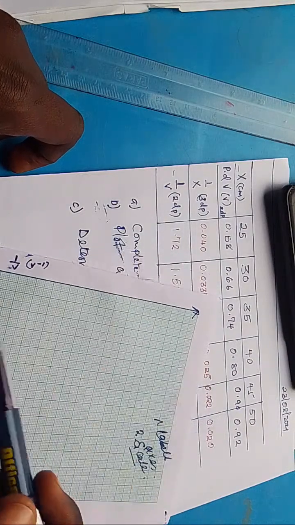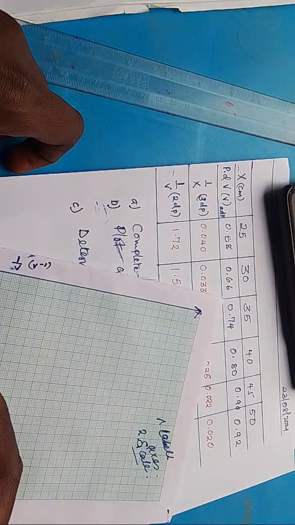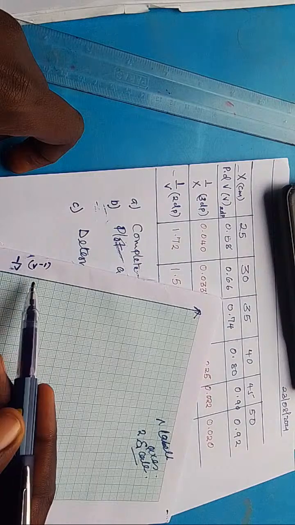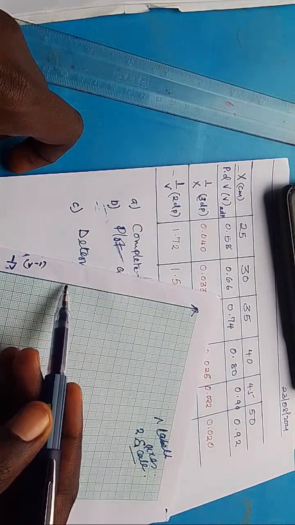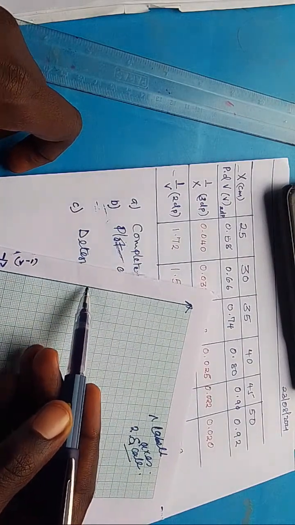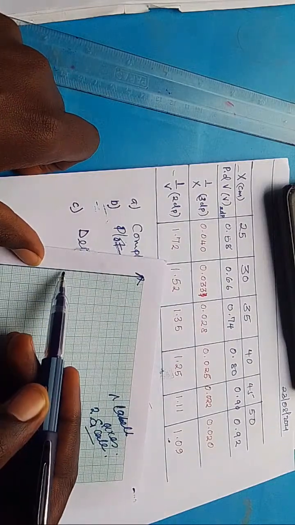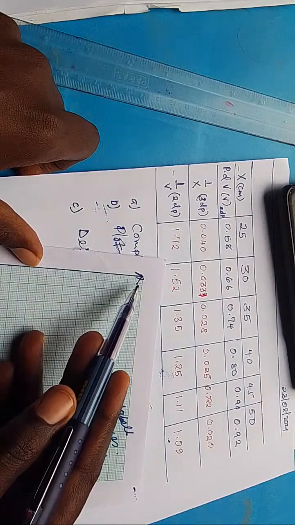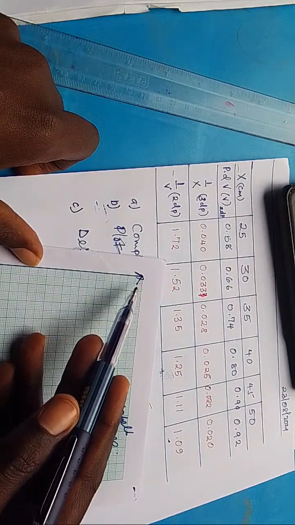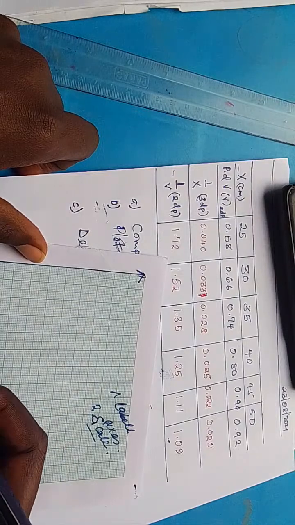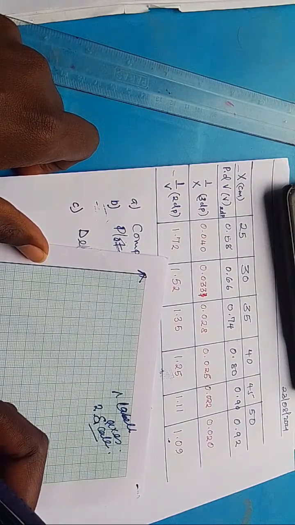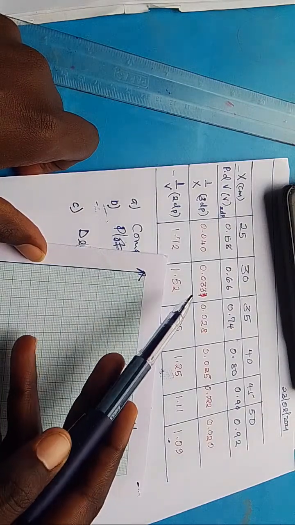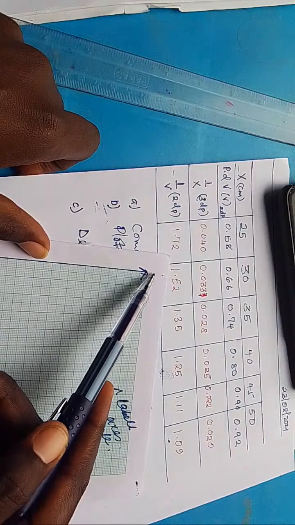Suppose now I count the number of boxes: 1, 2, 3, 4, 5, 6, 7, 8, 9, 10, 11, 12, 13, 14, 15, 16, 17. If I pick one large box to be 1 unit, then my 17th will be fully at this part.